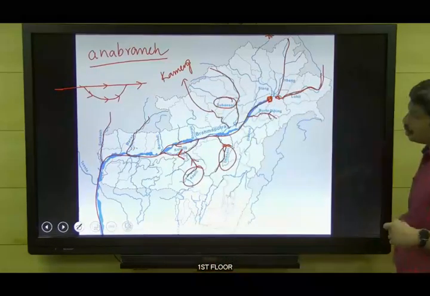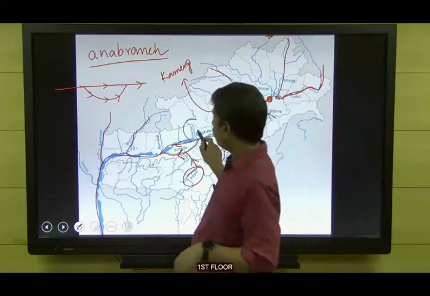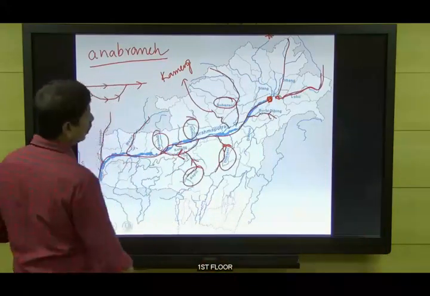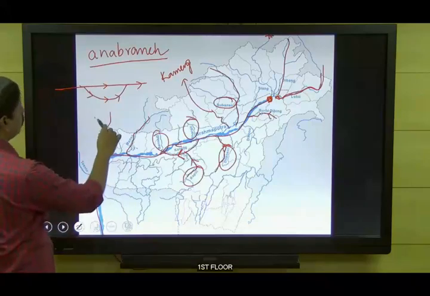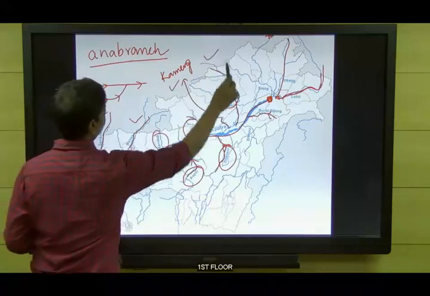These are the important rivers. Okay. Other rivers, this Barali, Barnadi, you can have it, but these are the important branches. Shankosh, Manas, Kameng, Subansri.